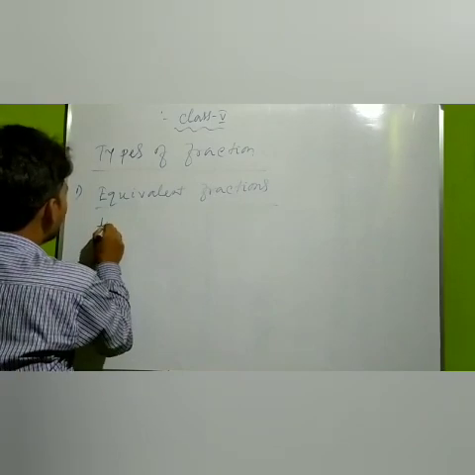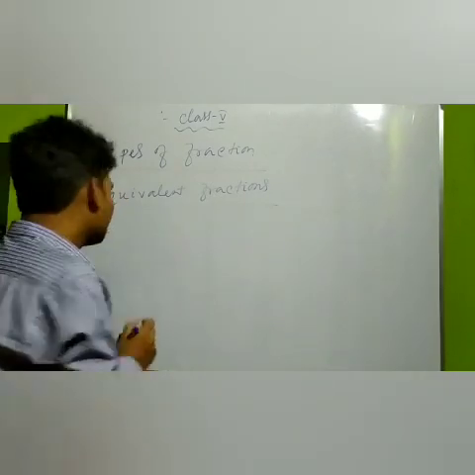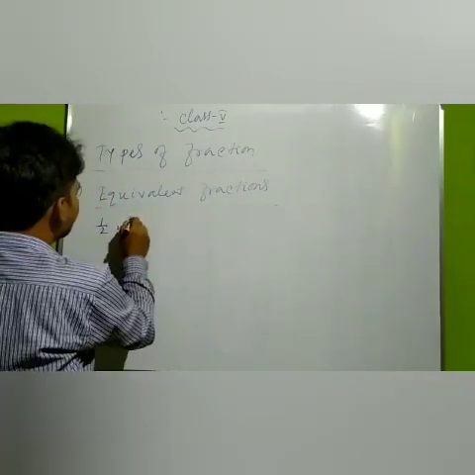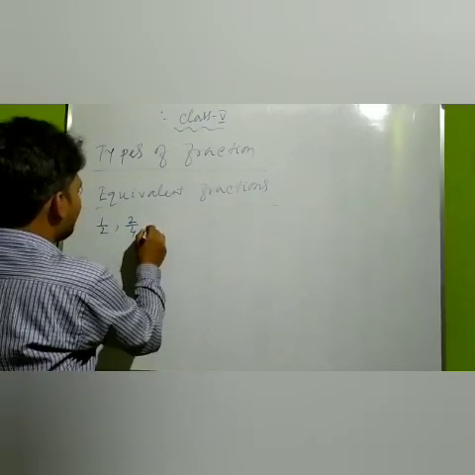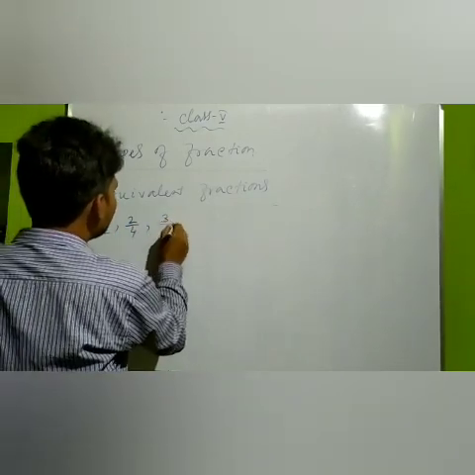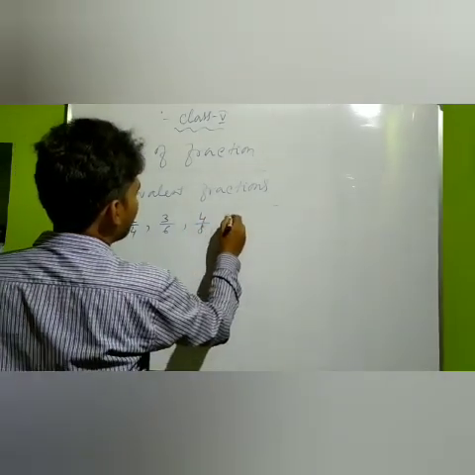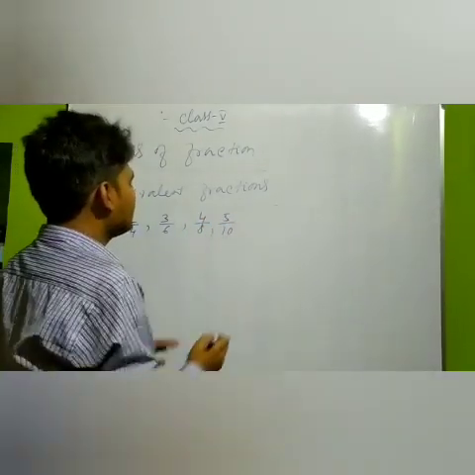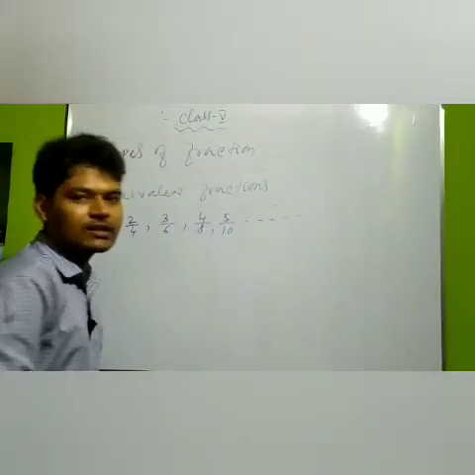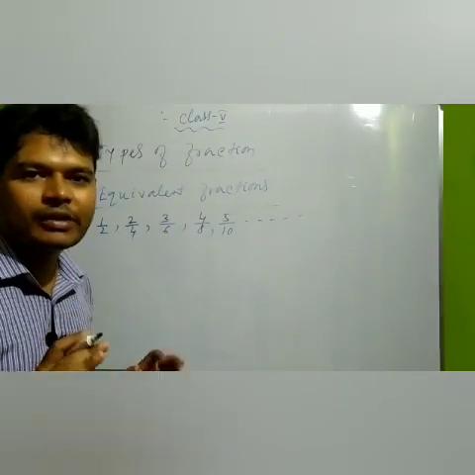Just you take 1 by 2. Then you take 2 by 4. Then you take 3 by 6, 4 by 8, 5 by 10. These type of fractions are called equivalent fractions.